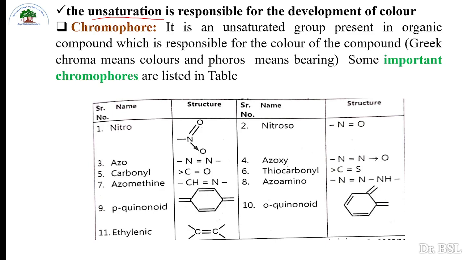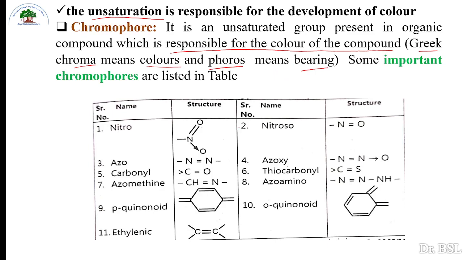So what is chromophore? It is an unsaturated group present in organic compound which is responsible for color of the compound. This is a Greek word. Chroma means colors and phorus means bearing. Colors bearing group, that is chromophore.